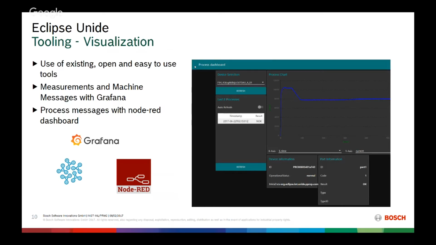Grafana is not that good for process messages, because process messages don't really relate to time. Therefore, we set up a Node-RED dashboard simply to get process data out of the database and have some charting and additional information about what this process is about.